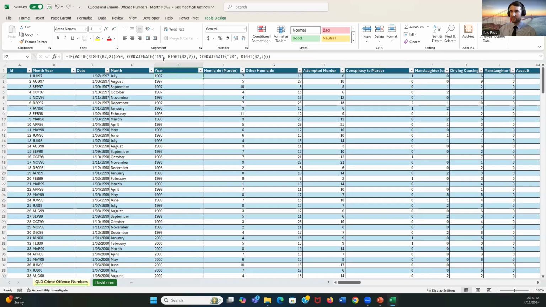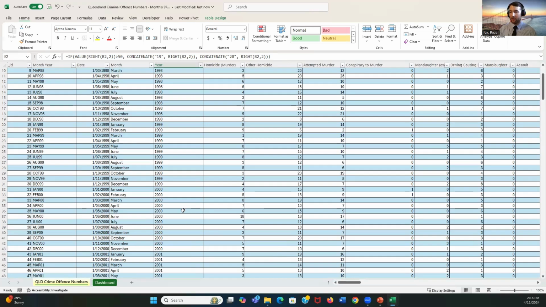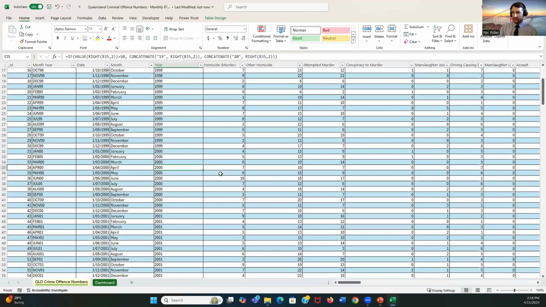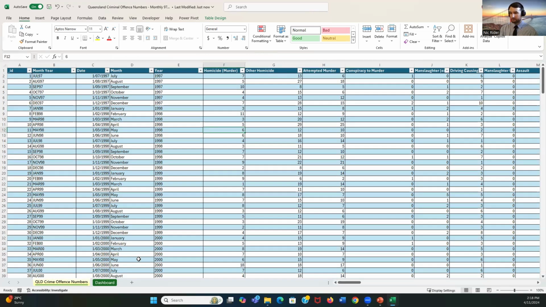So we basically said, if it's 20, then we're just going to pull from the right there and add that on. If we come down here, there's a little bit of a difference. Click on that, we can see that we've just pulled from the right there, and we've added 20 for that to get the date lined up accordingly.